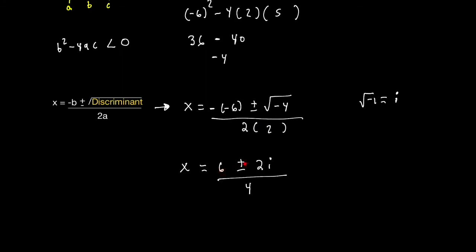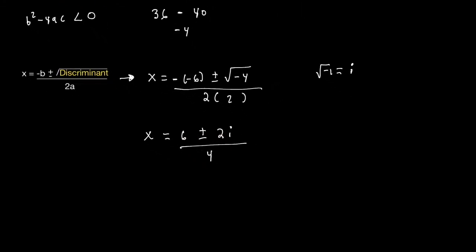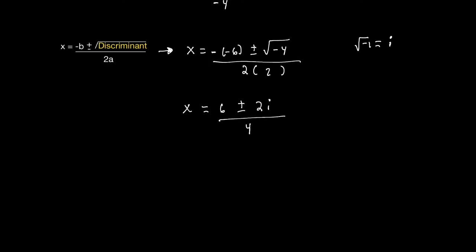And on the numerator, the 6 and the 2 share a greatest common factor of 2. So I'm going to go ahead and factor out that 2, leaving me with a 3 plus or minus i all over 4. Now the 2 and the 4, we can reduce that into 1/2.